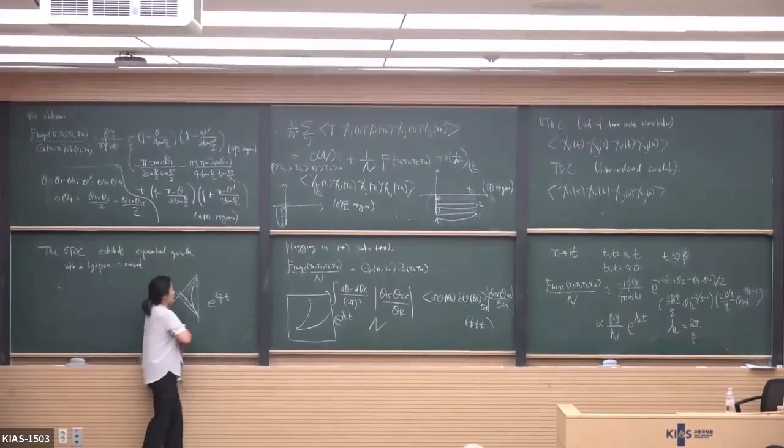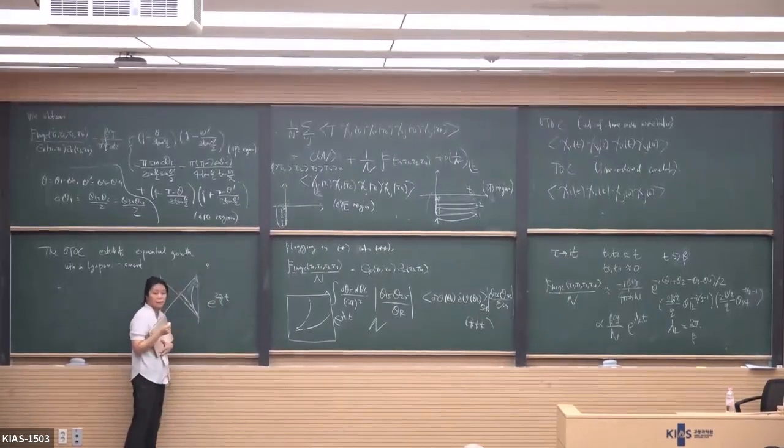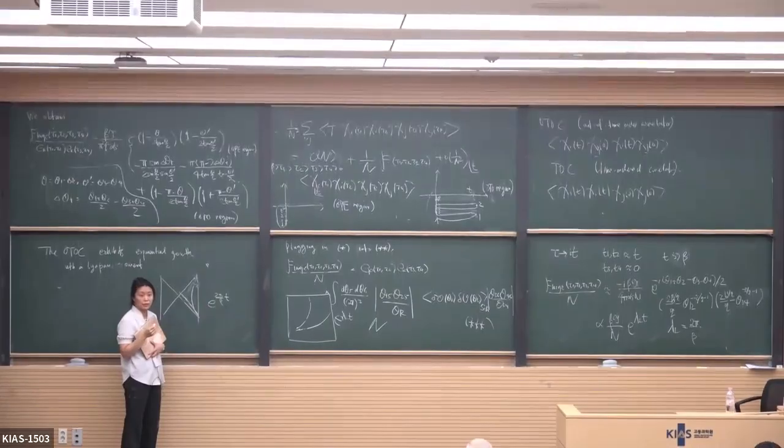So this is a piece of physics that was first described by A. 't Hooft. So A. 't Hooft and I guess his student wrote a paper describing shock wave solutions in gravity.